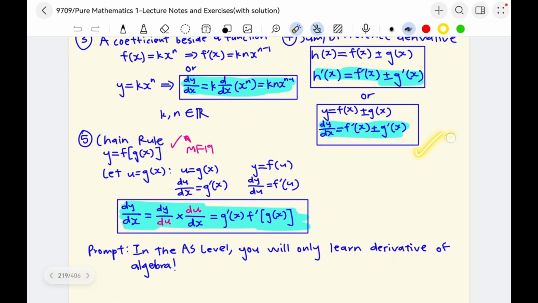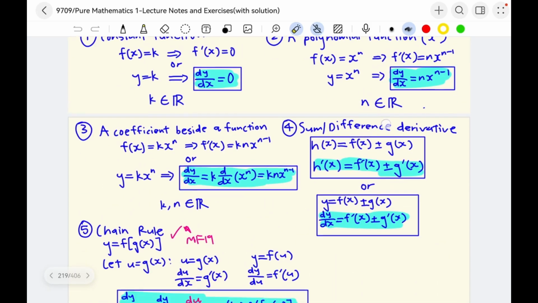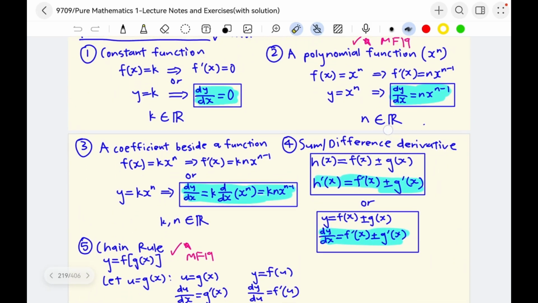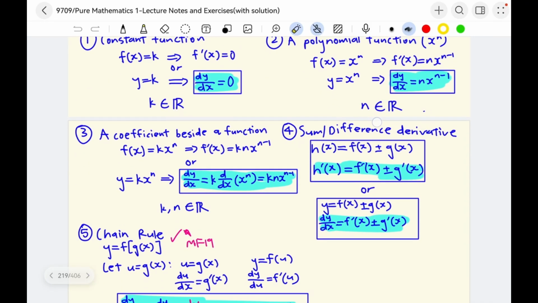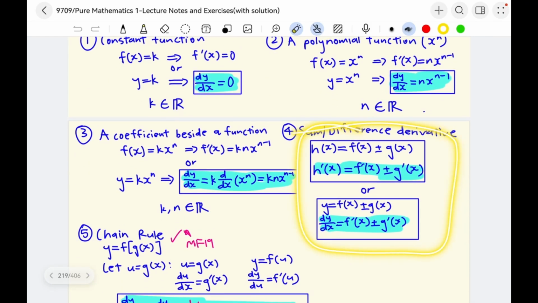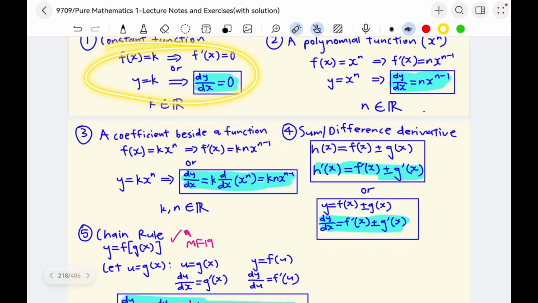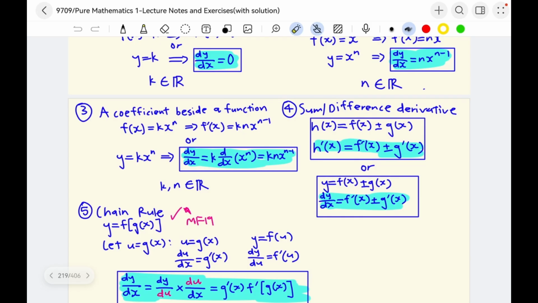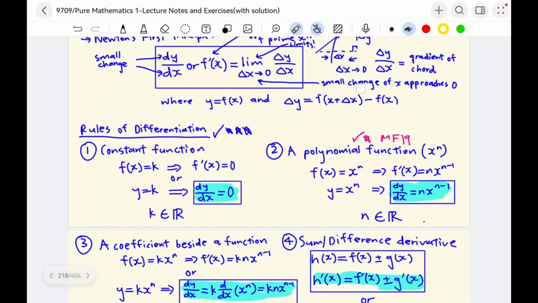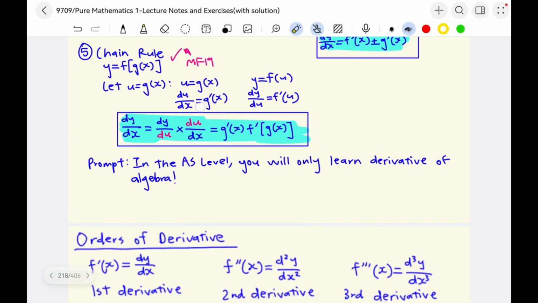Take note of it. I think you have to memorize, I mean understand, these rules of differentiation, because these three rules I stated here do not exist in your MF19, except for the polynomial functions and the chain rule.